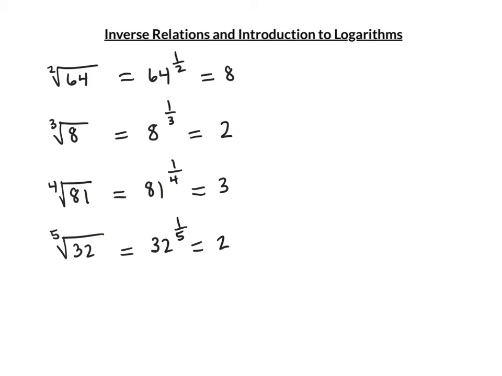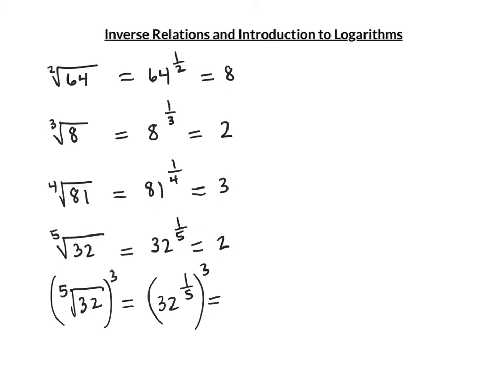Then you can get something like this too. You can say the fifth root of 32. Notice that 5's up top. It's not in front. I made it a little bit big there. Cubed. That would be 32 to the 1/5 power cubed, which is the fifth root of 32 cubed, which by the way is 32 to the 3/5.